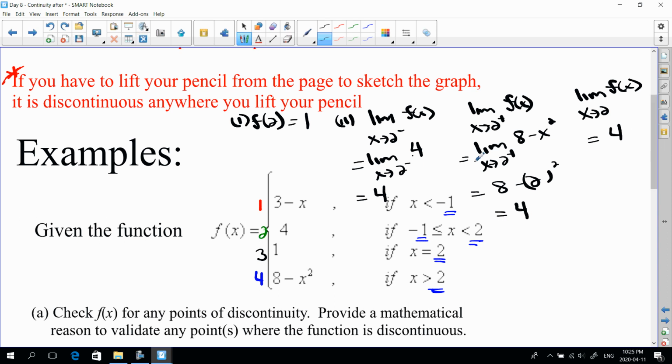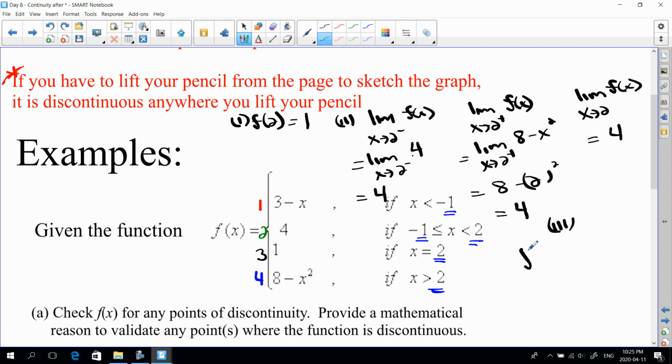How do I know that? Because the left-hand limit as x approaches 2 is equal to 4, and the limit as x approaches 2 from the right is 4. Those two things are equal. We have a limit there. So the function is defined at an x value of 2. It has a limit at an x value of 2, but it breaks property number 3. The defined height does not equal the limit.